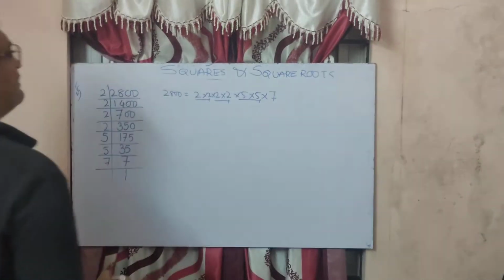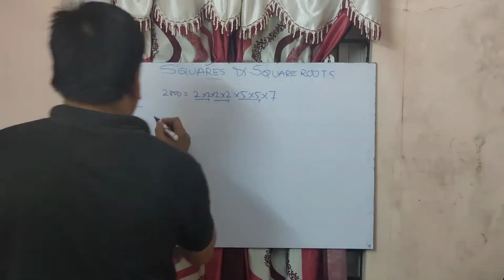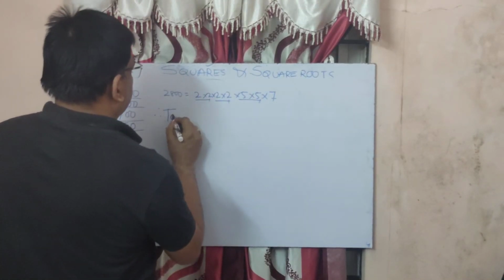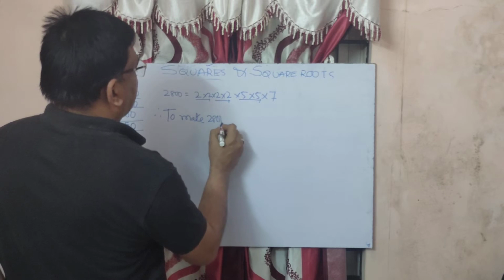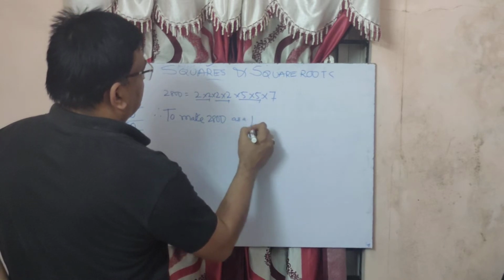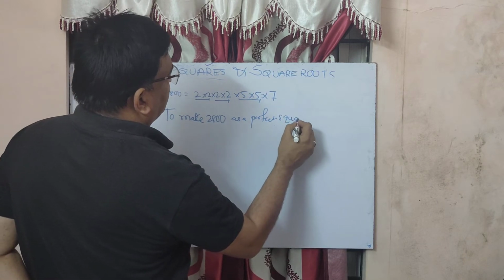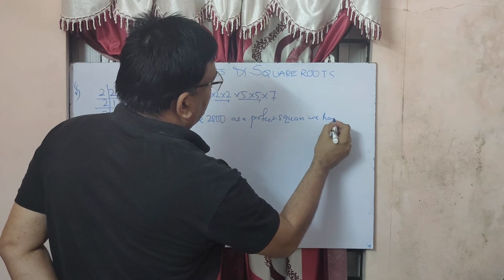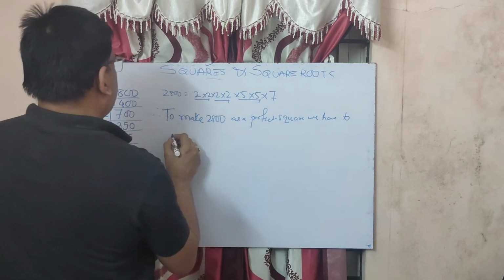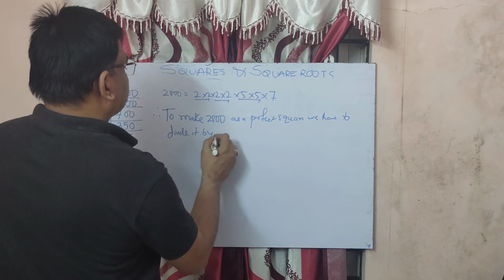Now we have paired the numbers. And what will be the single number? That is 7. Therefore, to make 2800 a perfect square, we have to divide it by 7.